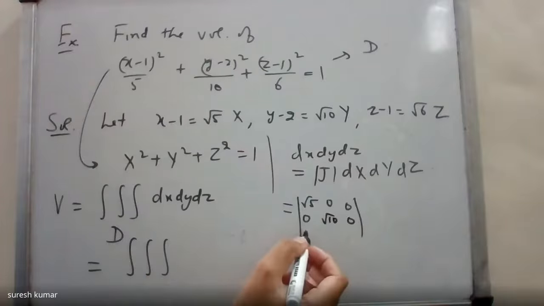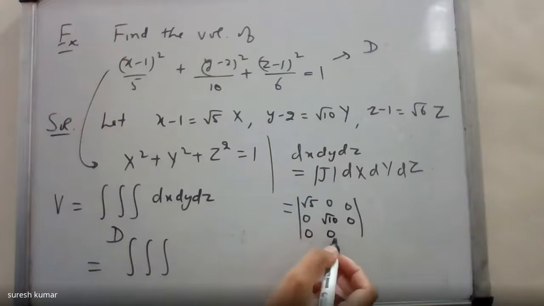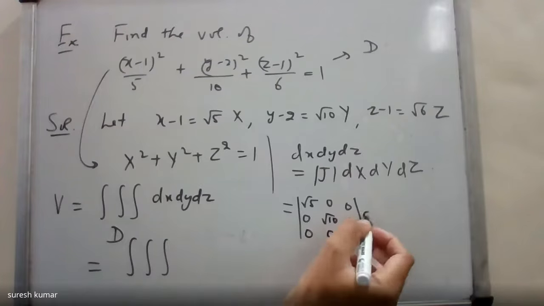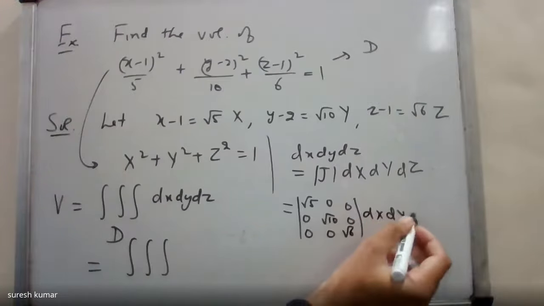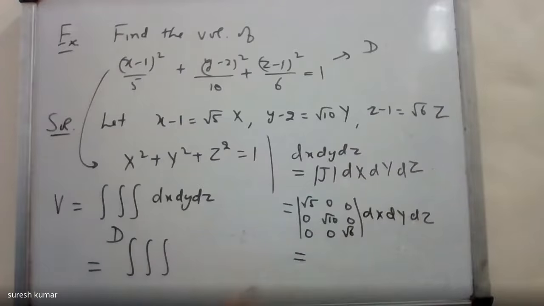Similarly, for z, you get 0, 0, root 6. Solve it. See what you get. Simply the product of the diagonal elements in the determinant. So you get 30 dX dY dZ.